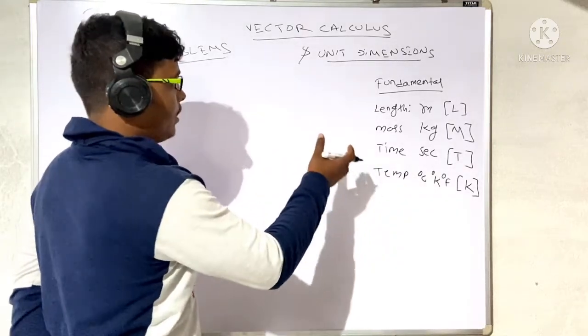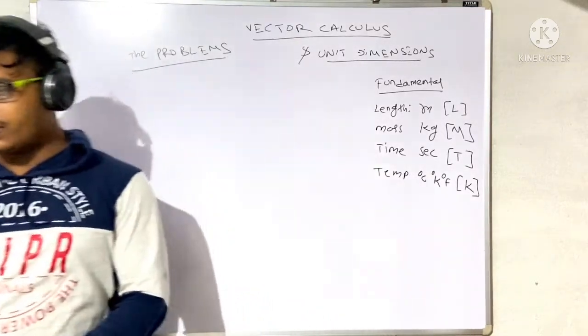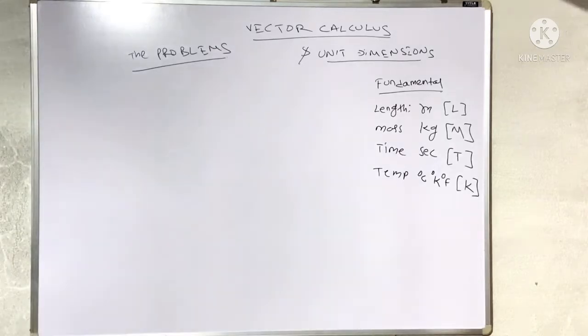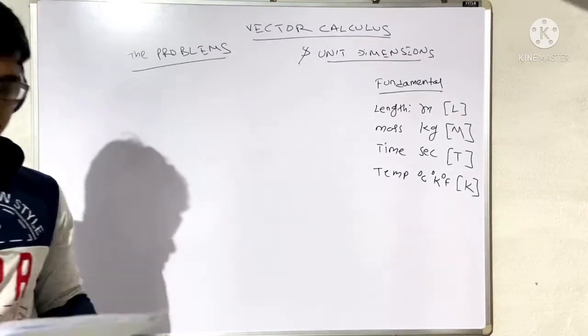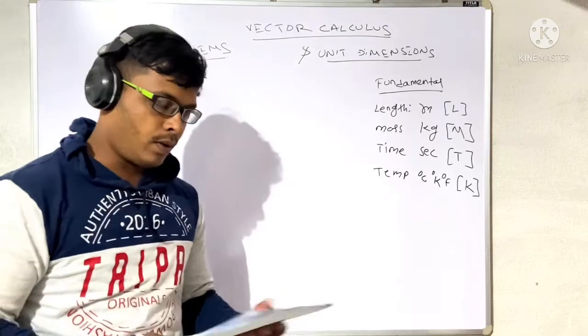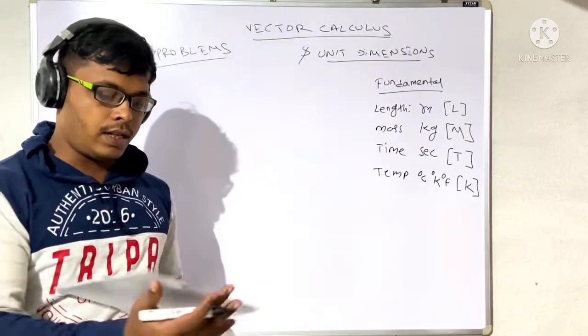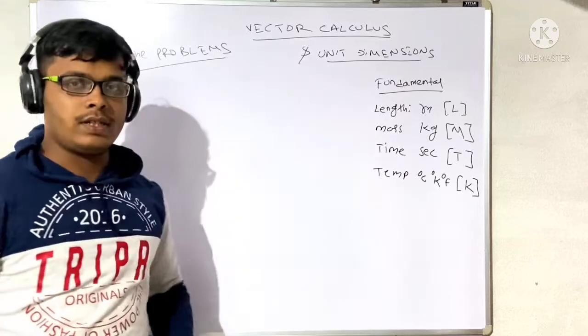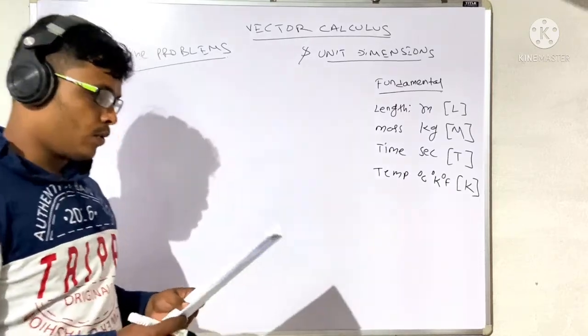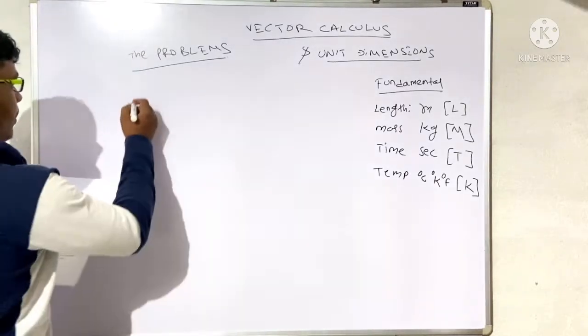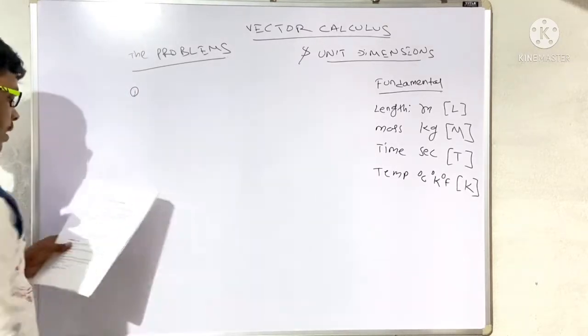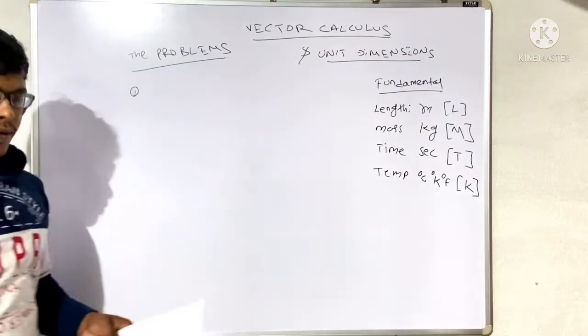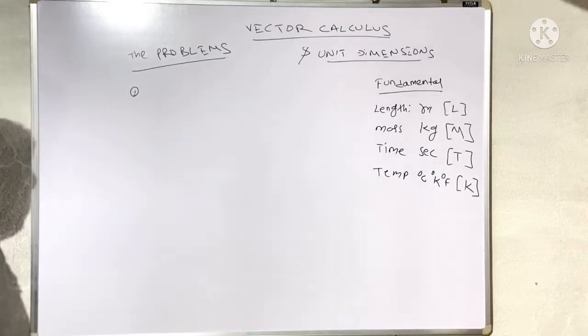So we'll discuss some problems. So let's solve problems. First of all, I have collected some problems from the online sources that will help you to solve the questions in the entrance. So first, there was a problem. I will show you that problem on the desktop, on the screen.